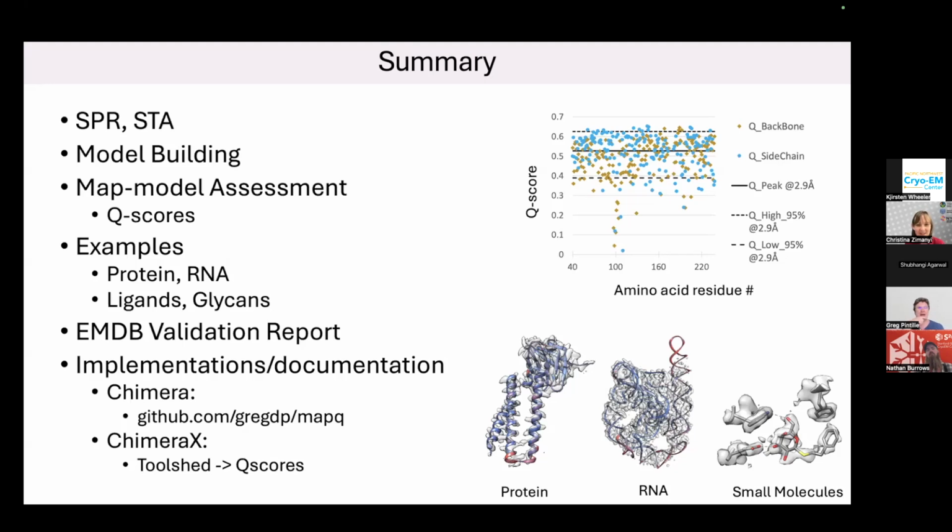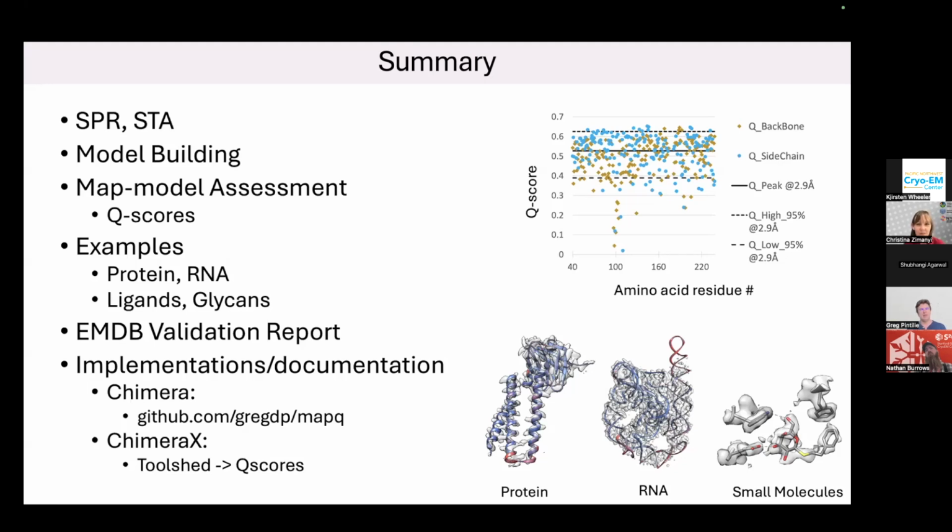We saw that in maps that were reported to have the same resolution, one had slightly better detail. The Q scores were higher, so that can tell you this map is actually better than the average at this reported resolution. And this seems to work better and better with the more atoms you include, right? The more you average, the more reliable this seems to be.